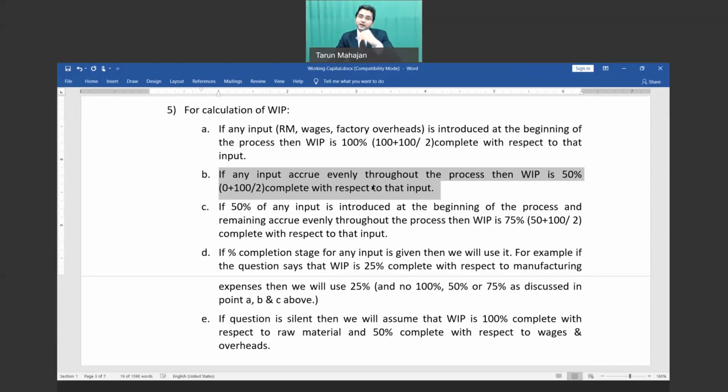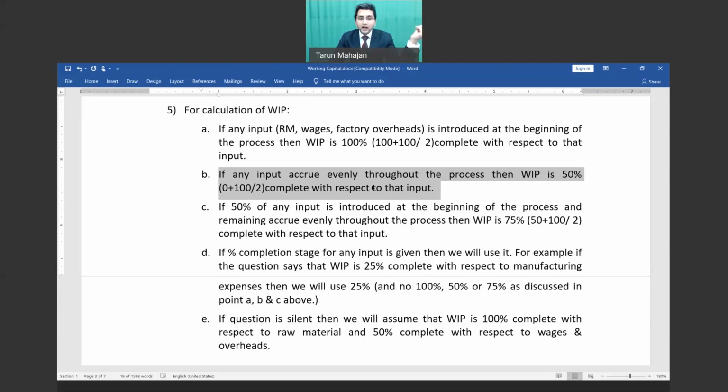So in my factory, I will see various levels of WIP. WIP where 10% completion of wages happened, WIP with 20% wages completion level, WIP with 30, 40, 50, 60% wages completion level.